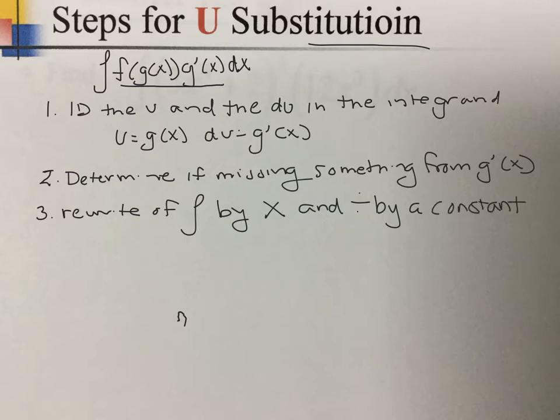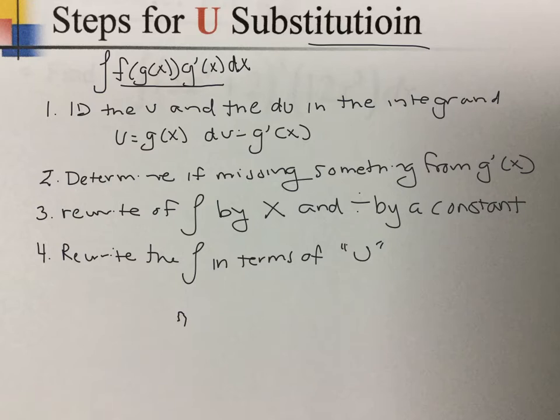Okay, and then the next step after we do that, and you'll understand what I mean later, is we are going to rewrite the integral in terms of u. Okay, so that's going to be our u substitution.